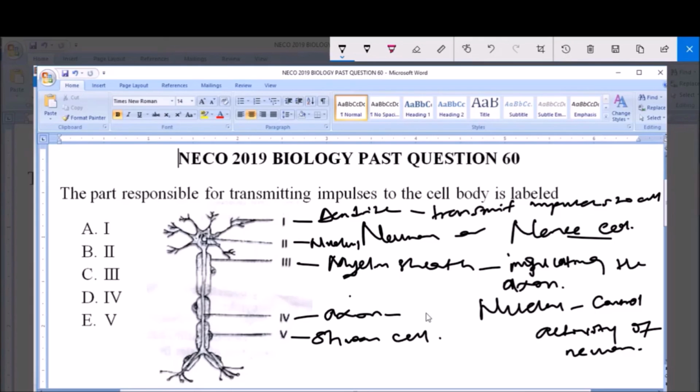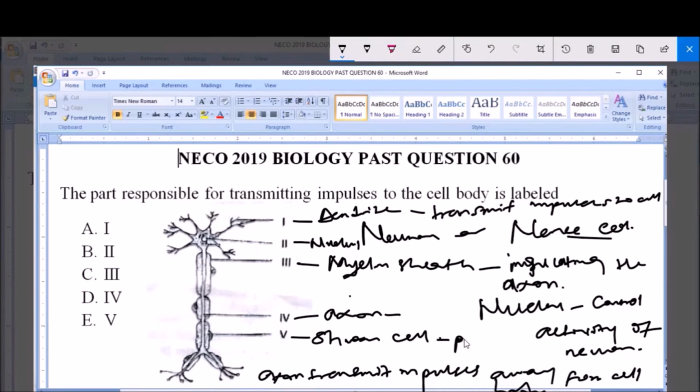The axon is responsible for transmitting impulses away from the cell body. Then the Schwann cell, which is V, is the one that produces the myelin sheaths.